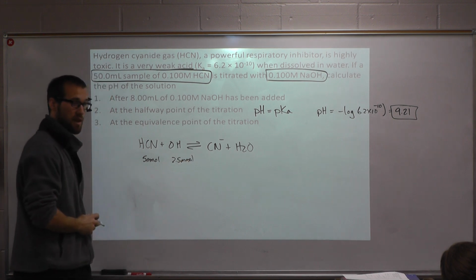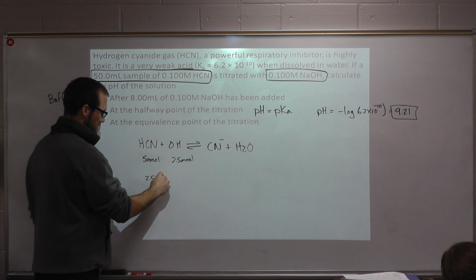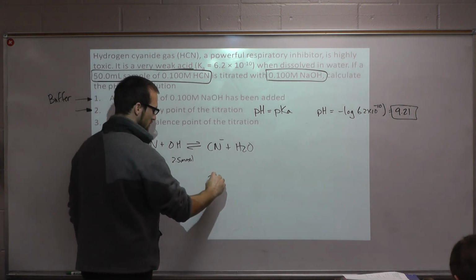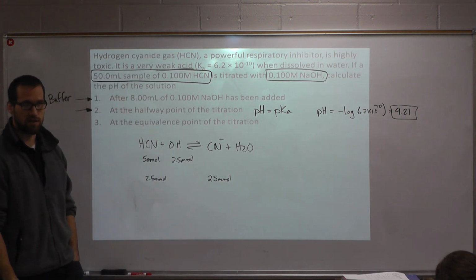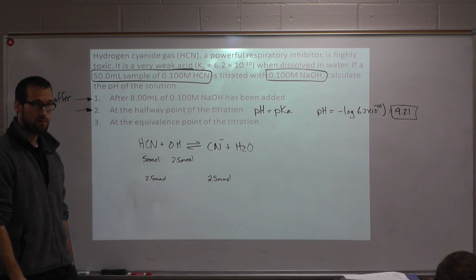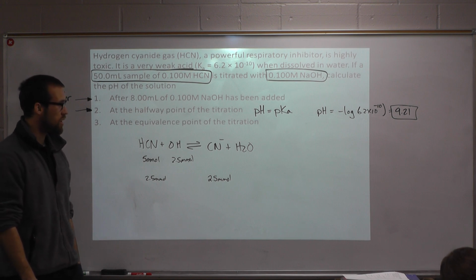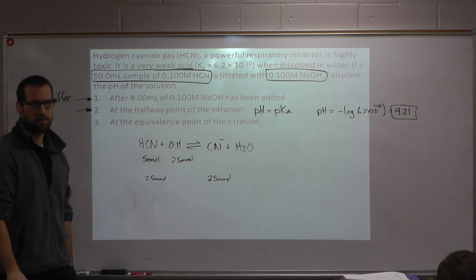So when we do our stoichiometry, what we're left with is 2.5 of this, and 2.5 of this, so when we plug it into our Henderson-Hasselbalch equation, we get a ratio of 1. Does that make sense? When you have a ratio of 1, your log of 1 is 0, and so your pH equals your pKa.